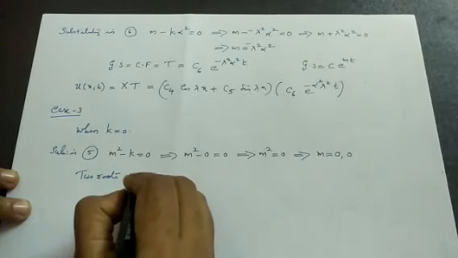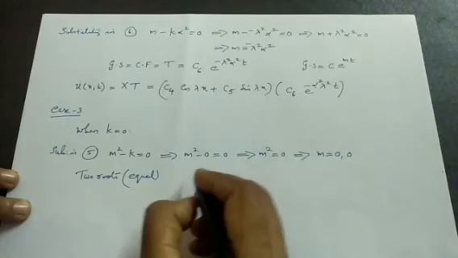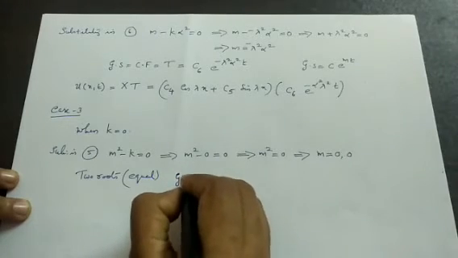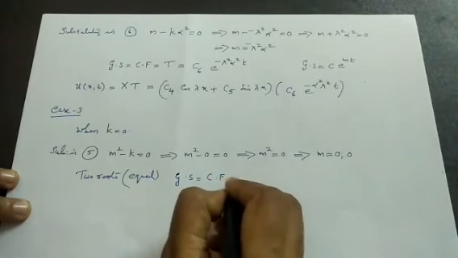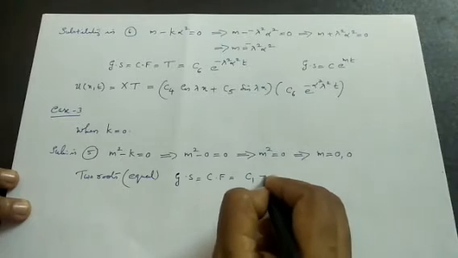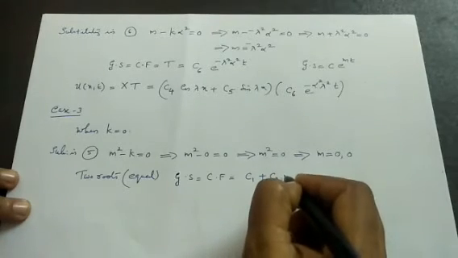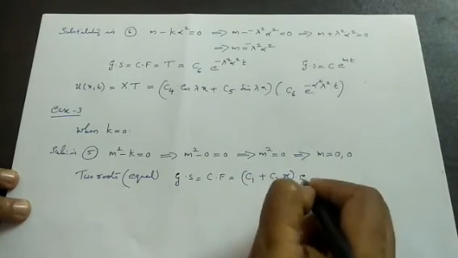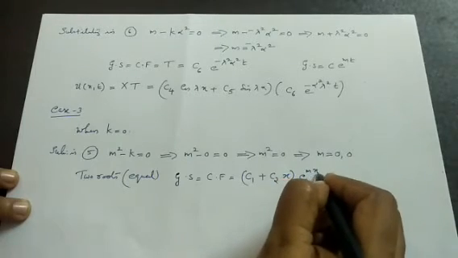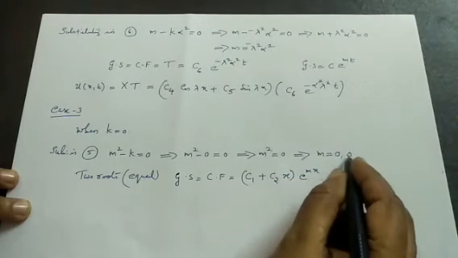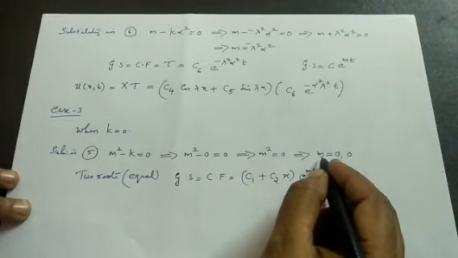that are equal. If we have two equal roots, then the general solution or the complementary function is taken as c1 plus c2 x into e raised to mx, since m1 and m2 are equal to one root m.